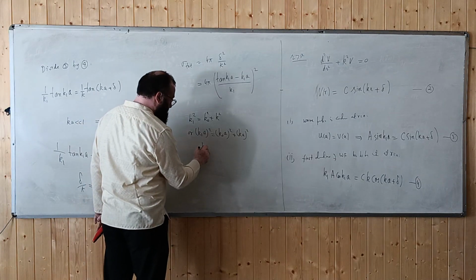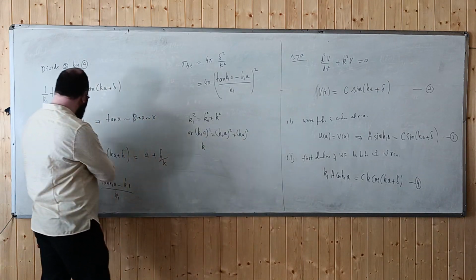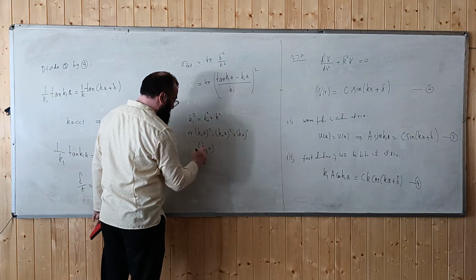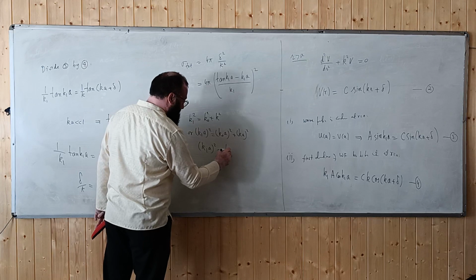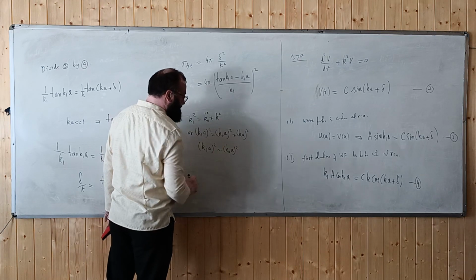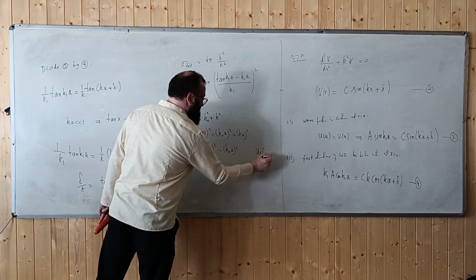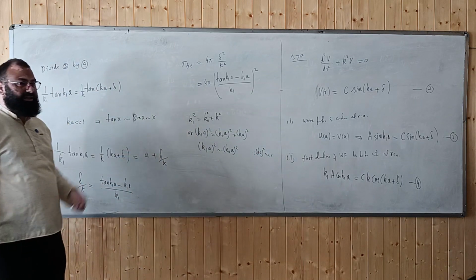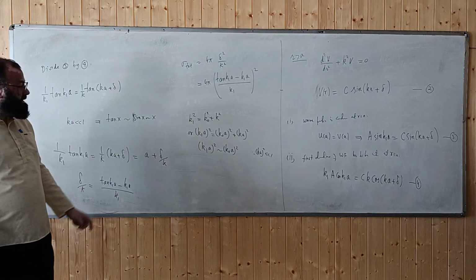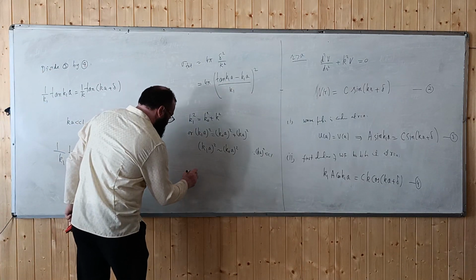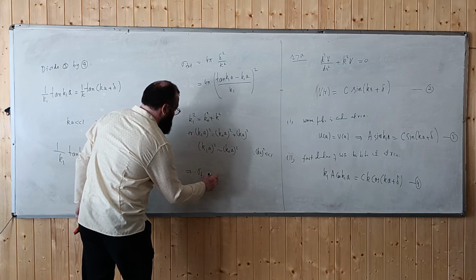Since Ka is very small, K1A square is approximately equal to K0A square, since Ka square is smaller than K0A. So I can replace this K1A.